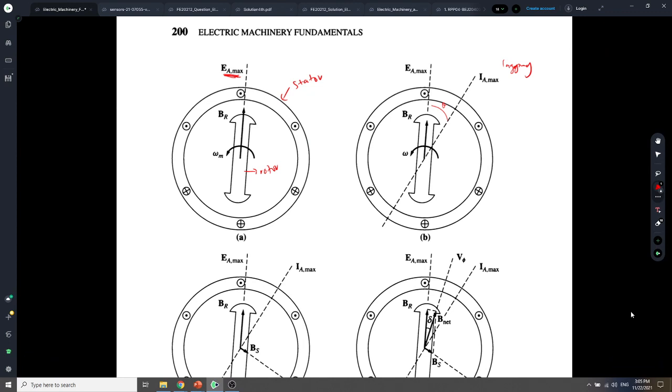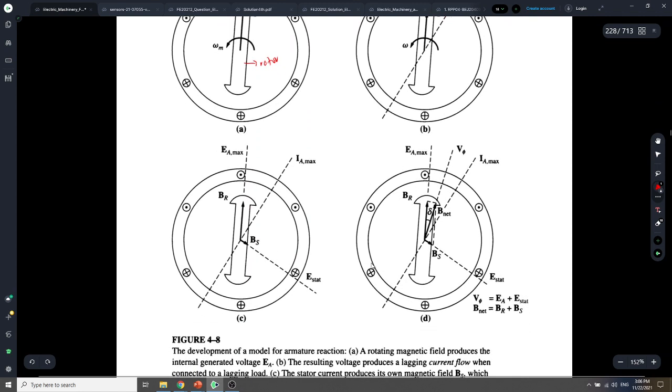So they will produce a current. So once dah ada current dekat stator, so current akan produce magnetic field. Okay, so BS. So BR is the rotor, B rotor, and BS is B stator. Okay, so ada B stator.